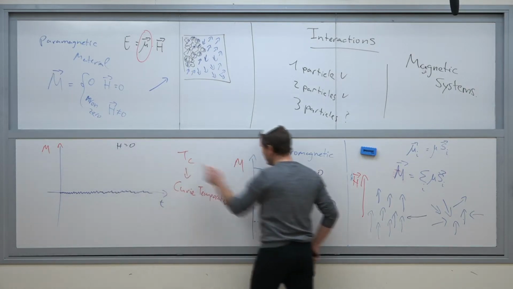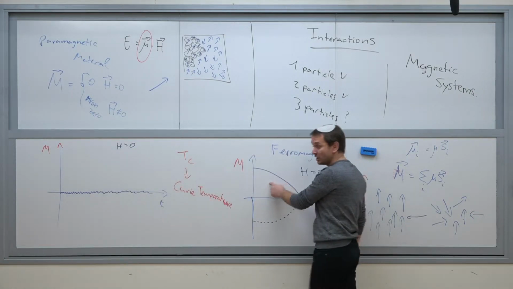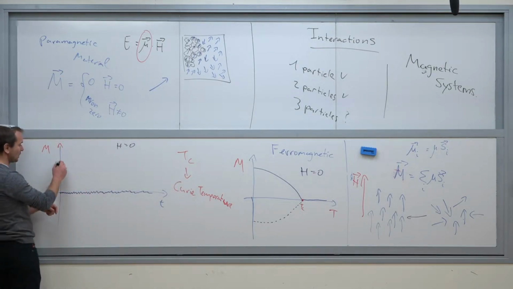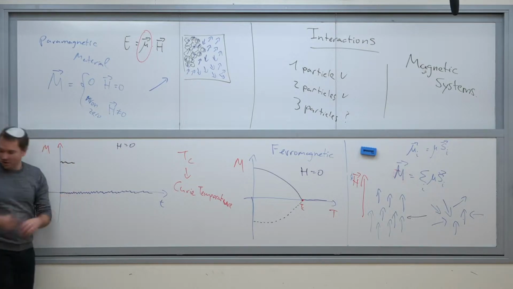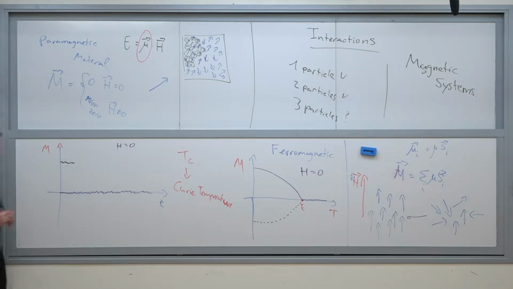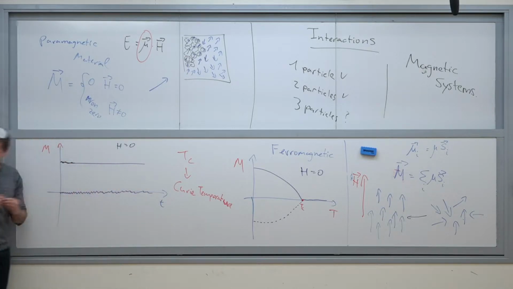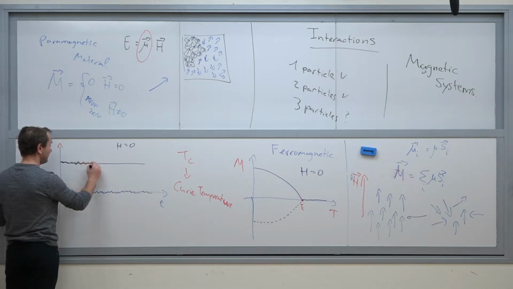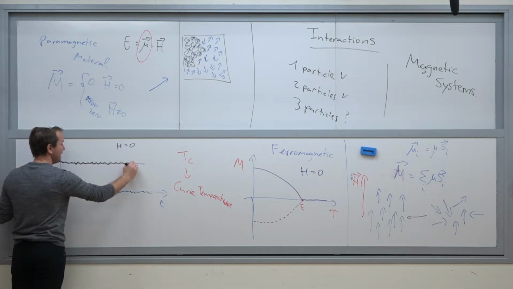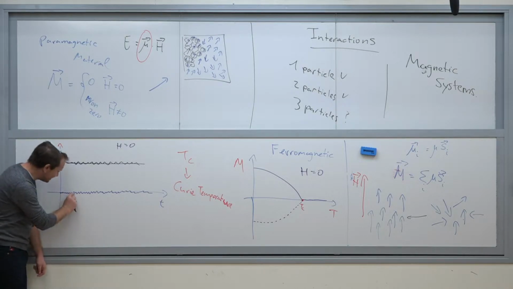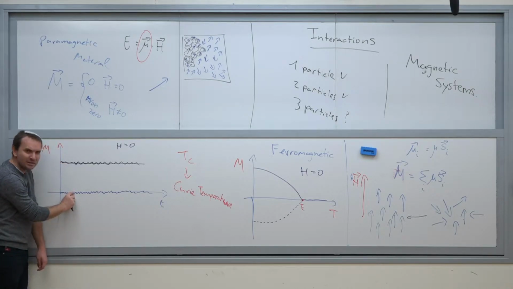H equals 0, and it has spontaneous fluctuations. It also has some small fluctuations, but those small fluctuations sit around a non-zero value. The magnetization fluctuates as a function of time. When I'm saying it has a non-zero value, I'm not saying that this small wrinkle over here is non-zero.